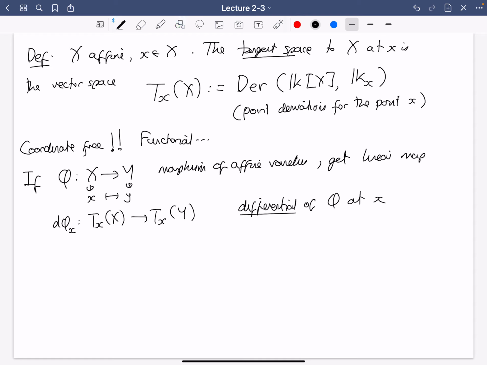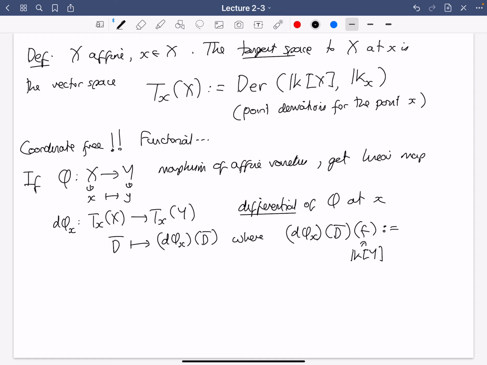And how's this defined? I've got to tell you what this differential does to a point derivation d bar on the coordinate algebra of X. It's going to take it to d phi x of d bar, which is meant to be a point derivation on the coordinate algebra of Y. So I've got to tell you how to plug in any element f of the coordinate algebra of Y. How can you get an element of the field out of this?